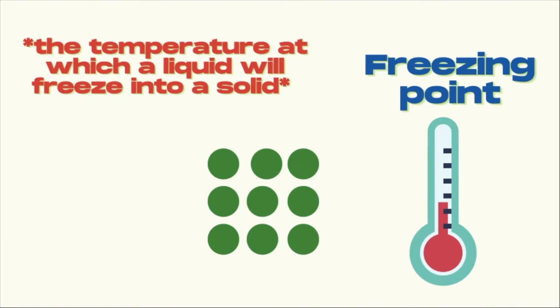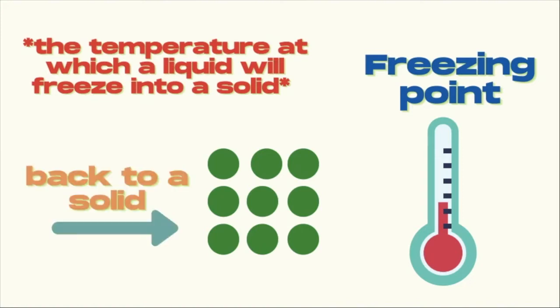So that freezing point, okay, is actually going to be the same as the melting point, because when you think about it, that's just a couple of degrees where you can have, for example, if we're talking about water, either liquid water or solid ice. So that freezing point is where a liquid's going to freeze into a solid.